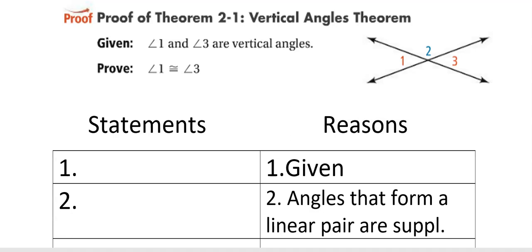For this one, I would copy the given, the prove, and the picture, and then you can go with me as we go. In the given, angle 1 and angle 3 are vertical angles. You're going to write it exactly how you see it.